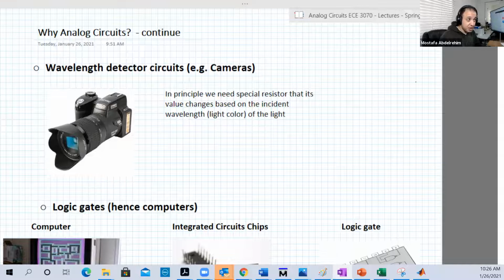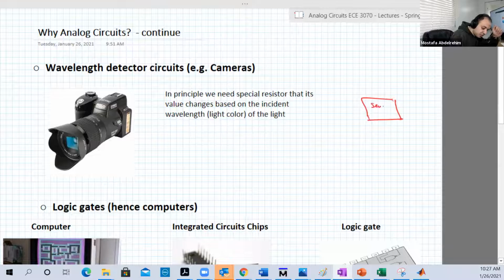So in principle, for this we need some resistor, and that resistor can change its value, or sensor. Let's say sensor, not a resistor. We need a sensor, and that sensor can change its value or generate different output based on the incident light color.